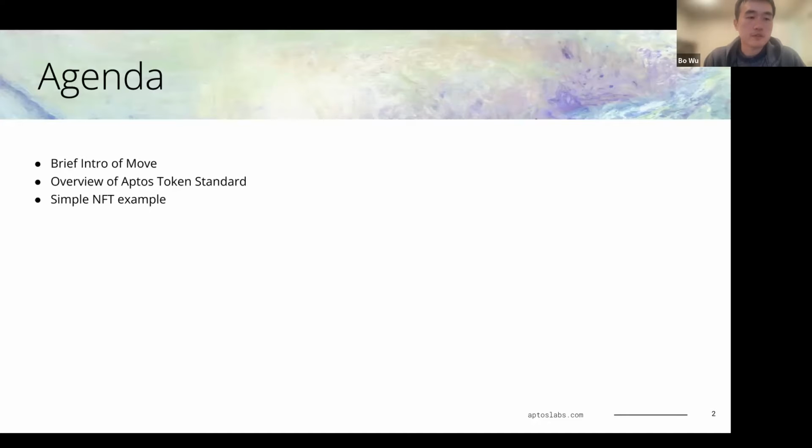First, I want to give a brief intro of Move, and especially Move on Aptos. Then we'll dive into the overview of the Aptos token standard. And finally, we'll give a simple NFT example to give you a concrete idea how to build an NFT contract on Aptos.